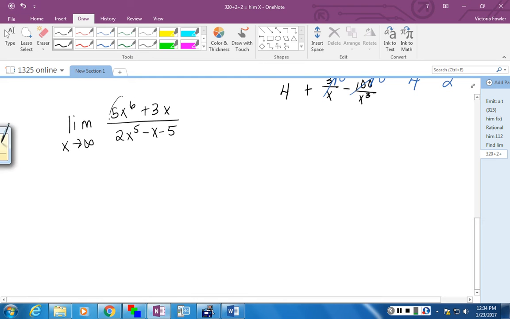But again, like I've mentioned, we are really being dominated by these terms here, and so you can really just look at these leading terms, or you can go through and divide everything by this x to the 5th, and perhaps that's what we're more comfortable with at this point. But I think you're getting the overall idea.